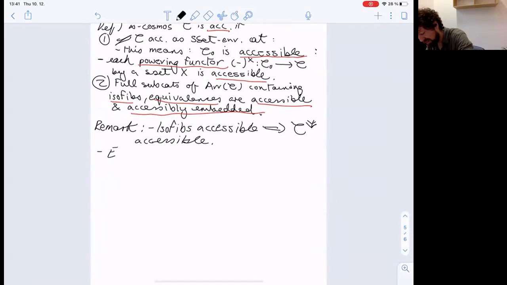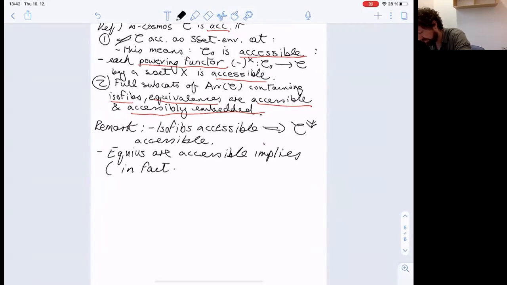So what about equivalences? Well, some people might think this is clear enough as well. It's just like in a combinatorial model category or something, though things are sometimes phrased in terms of trivial vibrations, which you can do here as well.